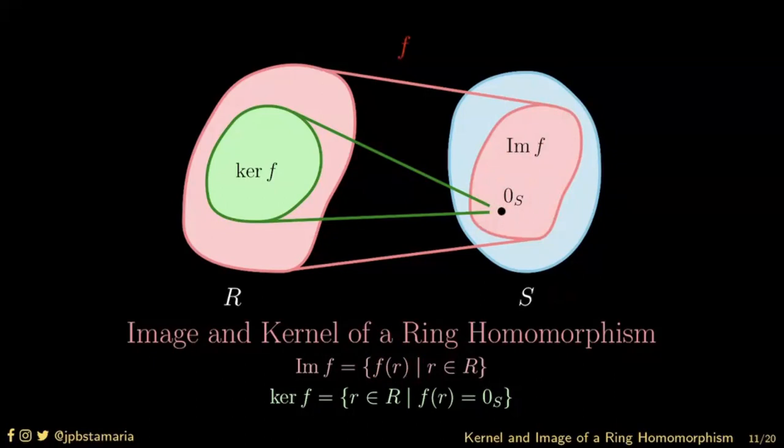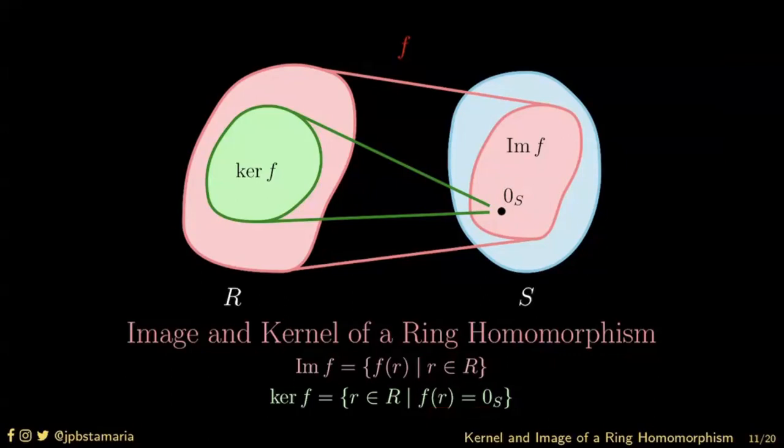On the other hand, or on the opposite end, may tinatawag tayong kernel. Ito namang kernel ay subring naman nung departure space, which is the R. Anong laman ng kernel? Yung kernel ay yung inverse image ng zero. When you say inverse image ng zero ng S, it contains all the things that are in R which are mapped to the zero of the ring.